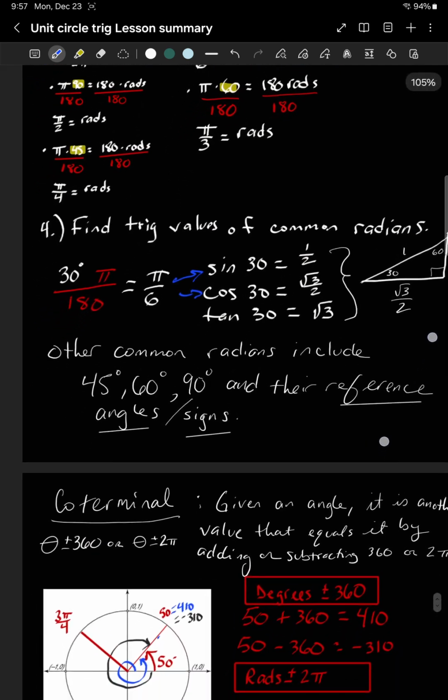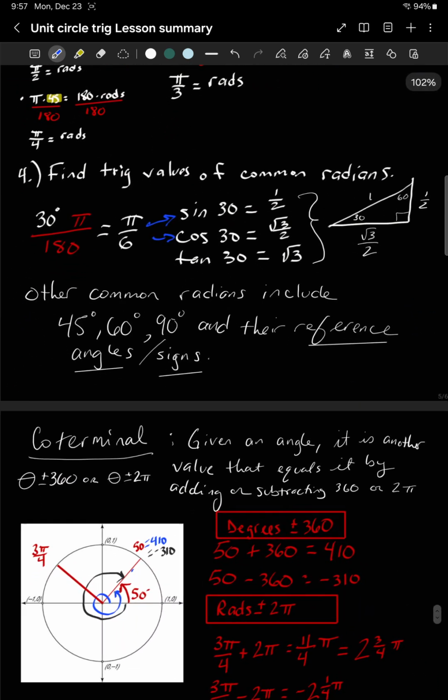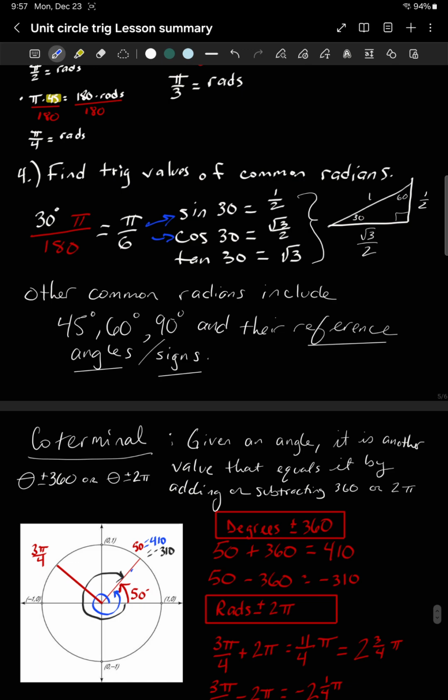Now, one last topic we need to talk about is this idea of coterminal. If you're given an angle, the coterminal angle is another value that it equals by adding or subtracting one full circle's circumference, which is 360 degrees or 2 pi.